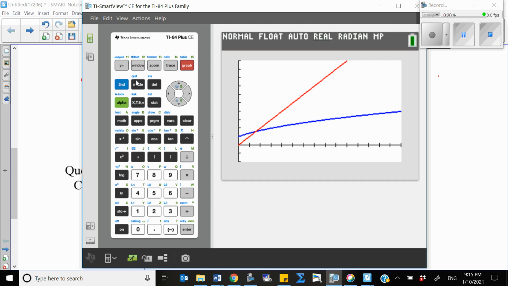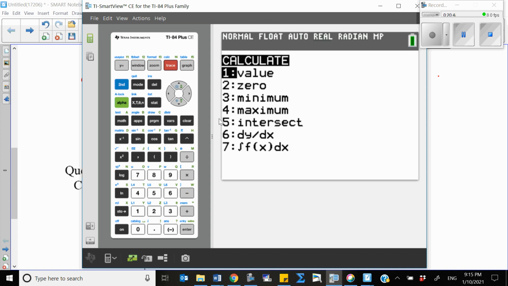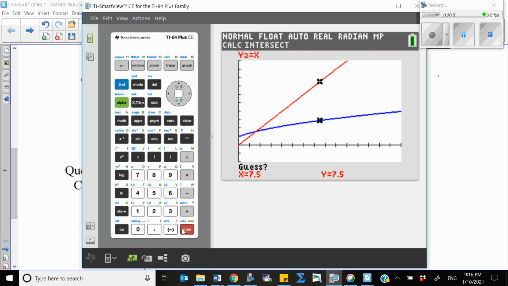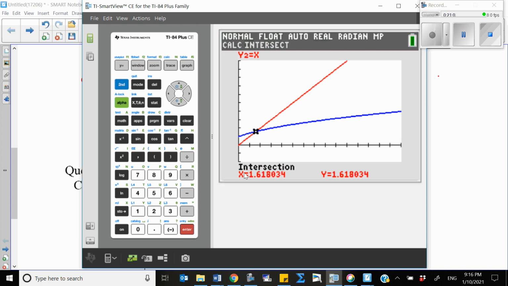So I need to find that. I'm going to go to second, trace, and number 5. Then you need to hit the enter for 3 times. First curve, enter. Second curve, just enter. It will automatically go to the next curve. And then what is your guess? Again, it's going to automatically go there.